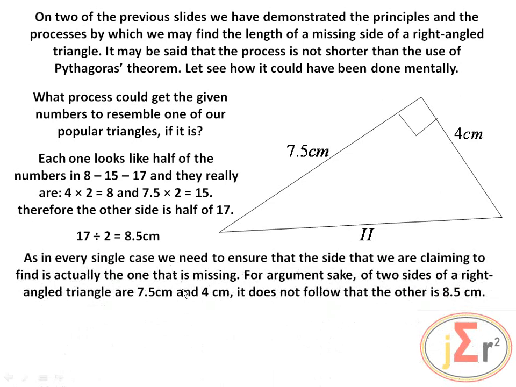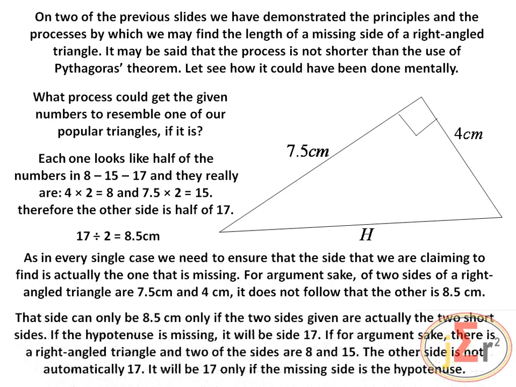As in every single case, we need to ensure that the side that we are claiming to find is actually the one that is missing. For argument's sake, if 2 sides of a right angled triangle are 7.5 centimeters and 4 centimeters, it does not follow that the other is 8.5 centimeters. It is going to be 8.5 centimeters only if it is the hypotenuse that is missing.